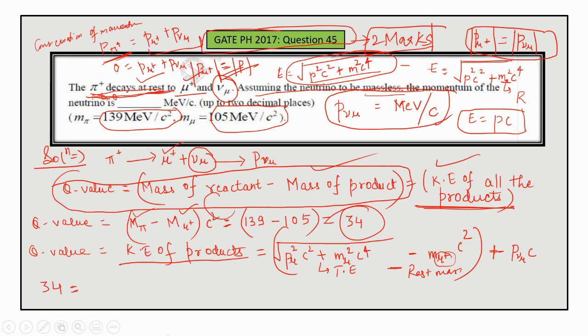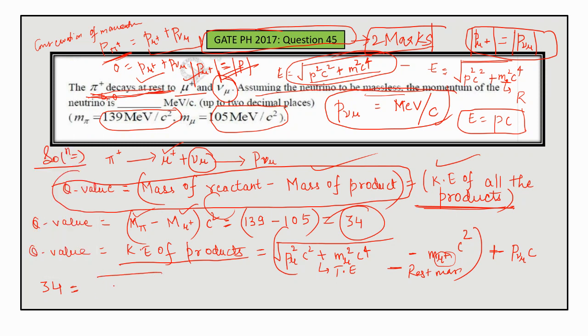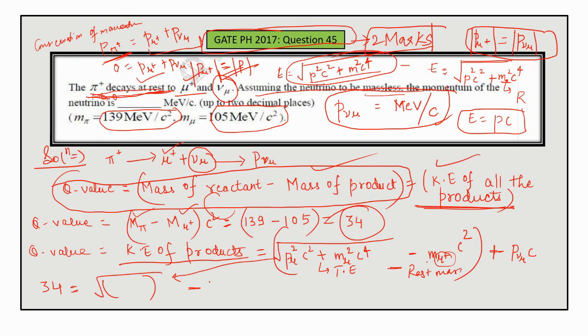Now put this value here. We have this value, then we have this value, the rest mass. The rest mass of the muon is given to us, this is given as 105.